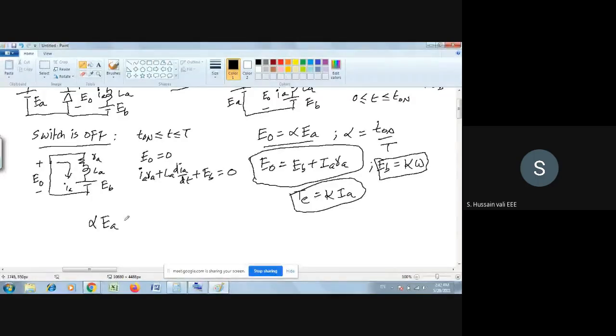That is equal to, in place of EB, I will write K omega, plus in place of IA, I will write from the torque equation TE by K, into RA.